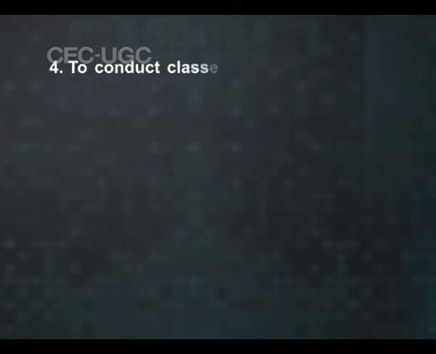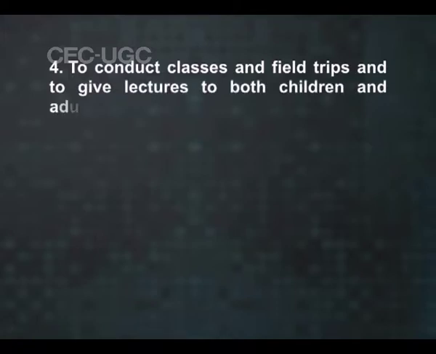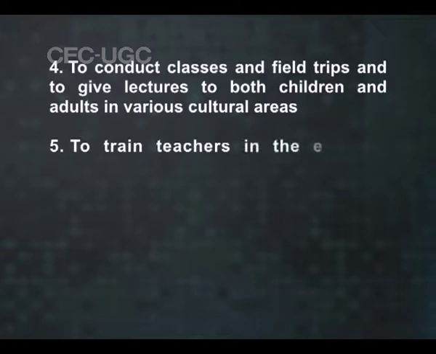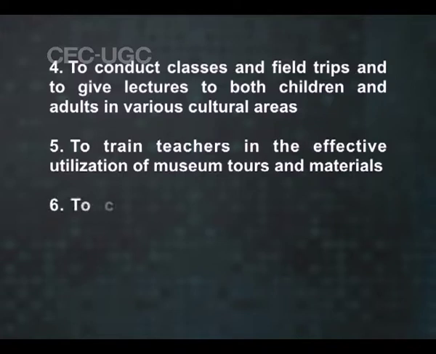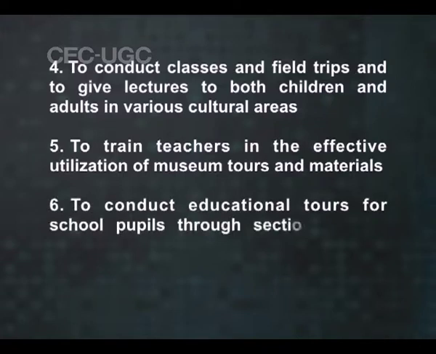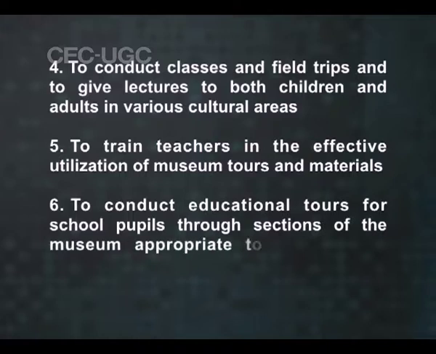And next, to conduct classes and field trips and to give lectures to both children and adults in various cultural areas. Next, to train teachers in the effective utilization of museum tours and materials. To conduct educational tours for school pupils through sections of the museum appropriate to the subjects under study.